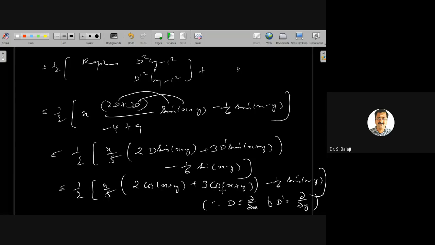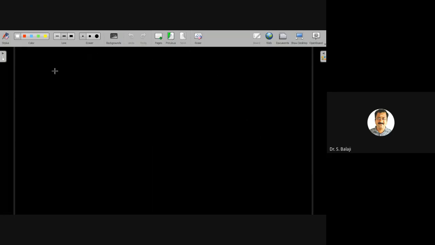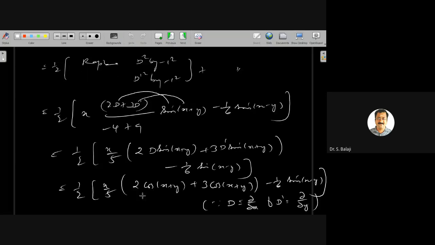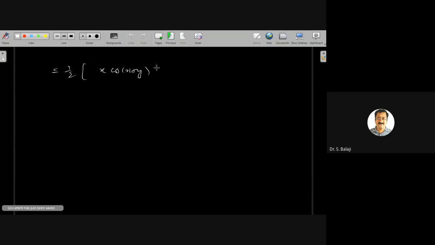Since d means dou by dou x and d dash means dou by dou y, now both give cos x plus y. Therefore 2 plus 3 is 5, and the 5s get cancelled here. So we get x cos of x plus y, and minus 1 by 6 sin of x minus y.